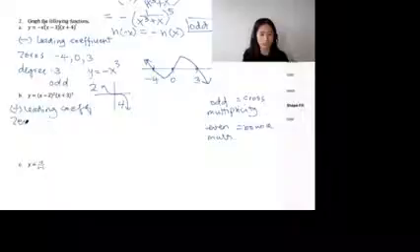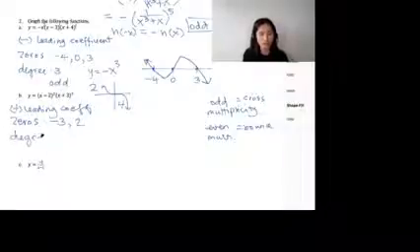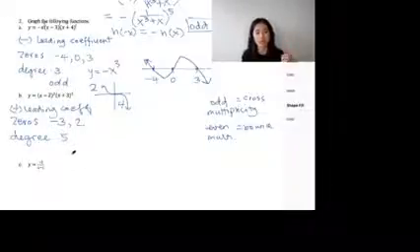And your zeros are essentially -3, x plus 3, and +2, and your degree now is going to be 5. The reason why it's 5 is because it's 2 plus 3, so degree is the sum of your multiplicities.